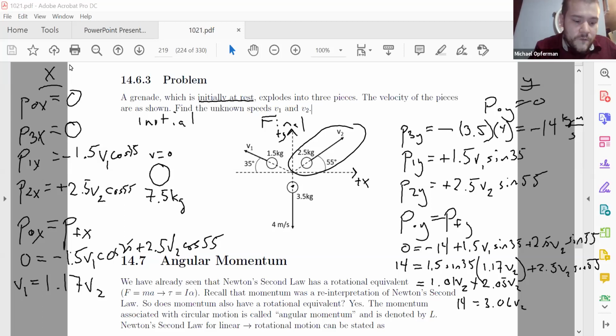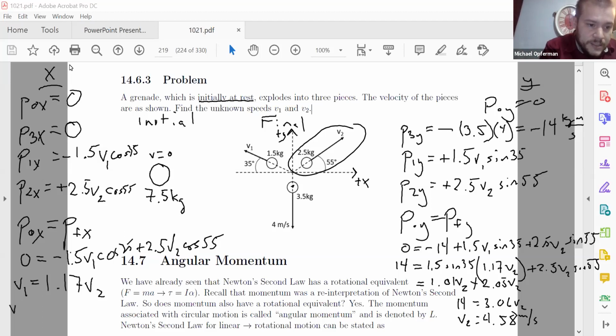So 14 over 3.06. I got V2 equals 4.58 meters per second. Hopefully that's correct. I may have made a mistake in the algebra here. I'll just warn you because this one's a little bit annoying.